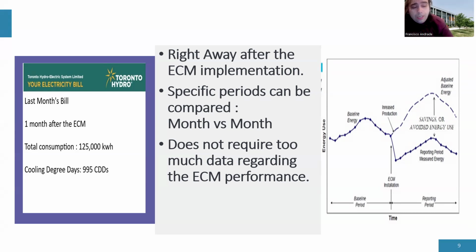We just put in those 995 cooling degree days into our base regression, and we can see how much it would have consumed. And here on the image, you can see what this cost avoidance is. It's a comparison over a reporting period, and you can see what it visually looks like on a graph.